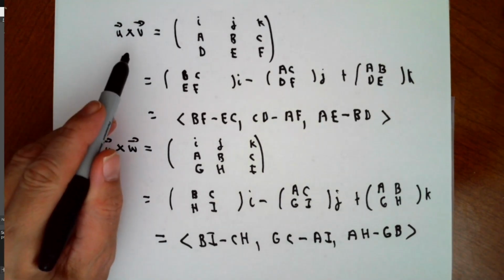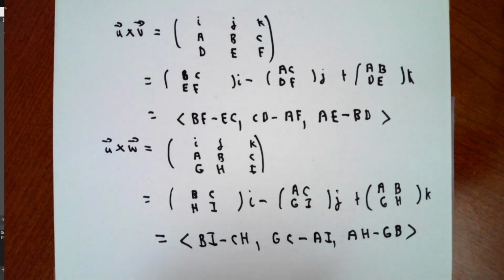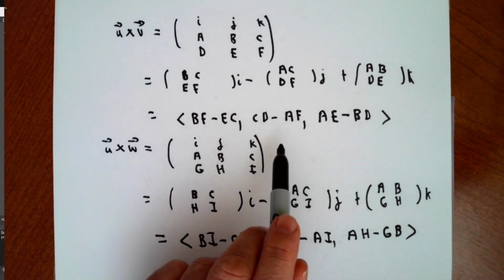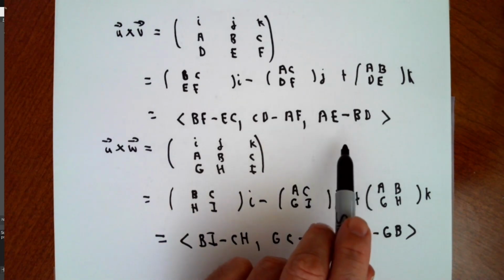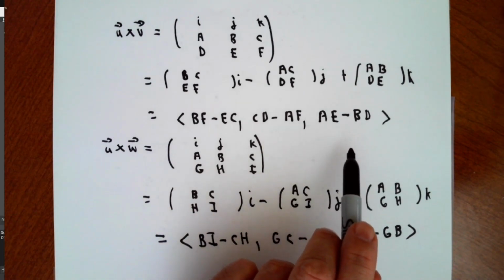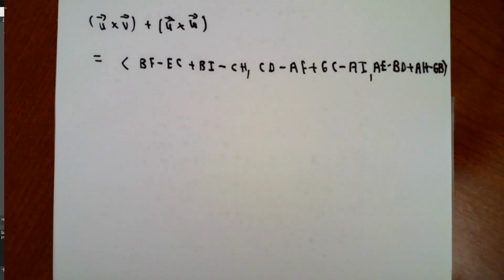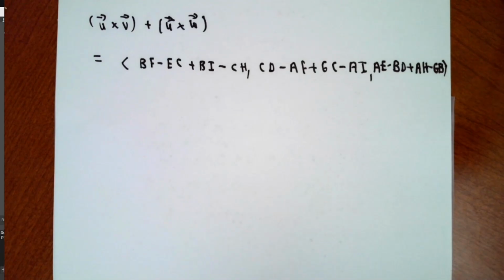U cross v by itself turns out to have components bf minus ec, cd minus af, and ae minus bd, while u cross w has components bi minus ch, gc minus ai, and ah minus gb. If I add corresponding components of the two vectors together, I get the following horrific-looking expression.